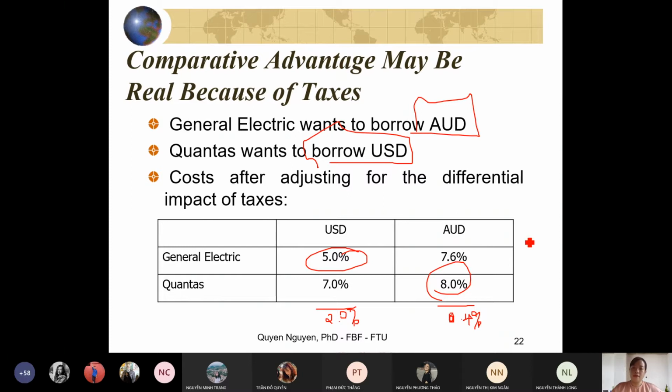Now, suppose that you are the financial institution, please design a contract that benefits both parties, and at the same time, they can end up borrowing at the rate that they desire. Okay, everyone, please write down, try to establish.